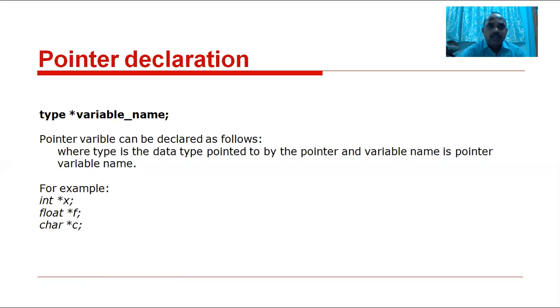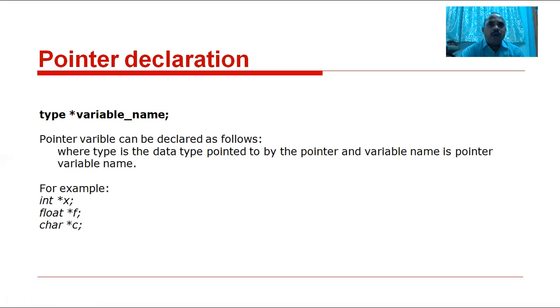The indirection operator indicates that x is a pointer variable, not an ordinary variable. Asterisk f is also a pointer variable, and asterisk c is a pointer variable.